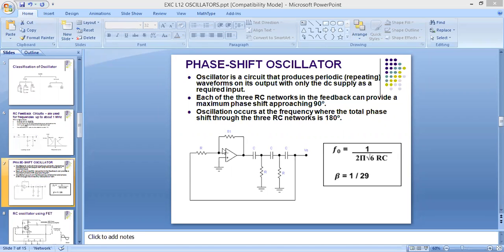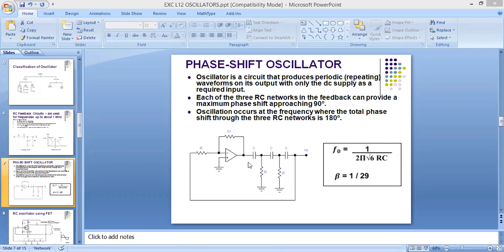So here we can say RC phase shift oscillator is a circuit which produces periodic waveform on its output with only DC supply as the required input. We are not giving any external input and we are using here three CR network, means RC network.